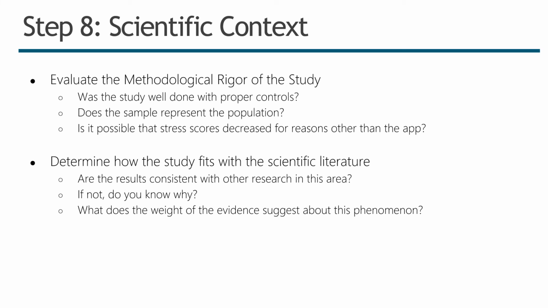But one thing to consider in this study is the possibility that stress scores decreased for reasons other than just using the app, right? It's possible scores went down because of the app, but it's also possible that people's stress levels went down because of other things happening in their life, or just because of the expectation that they were being treated, even though the treatment wasn't really effective.